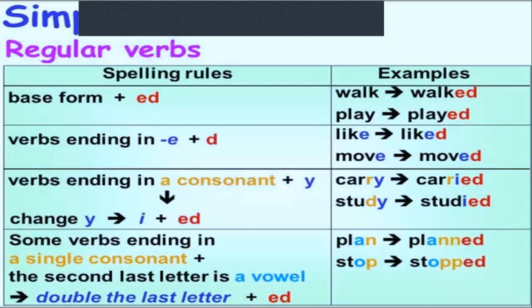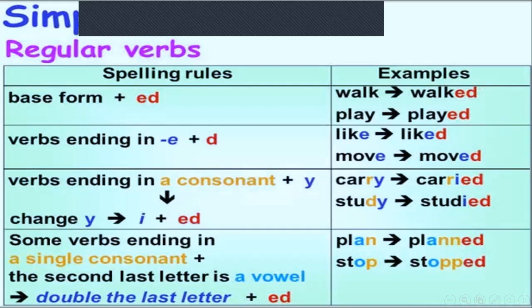And after R, we use letter Y. This means that this verb ends with a consonant letter plus Y. If I have a verb ending in a consonant letter plus y, we only delete y and add ied to change it from present to past.